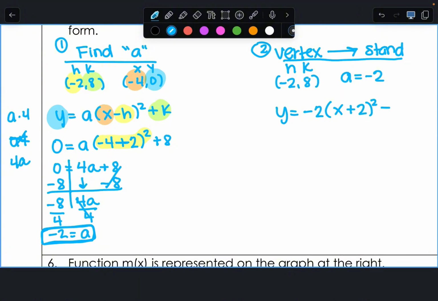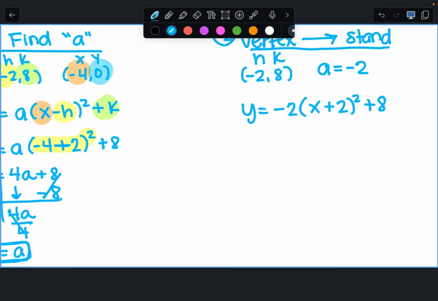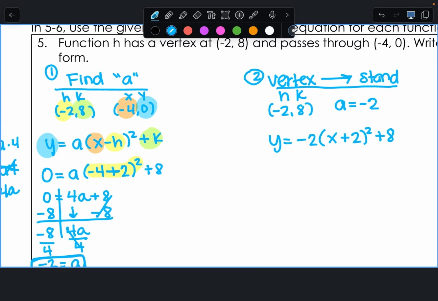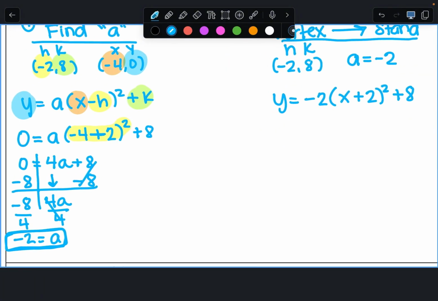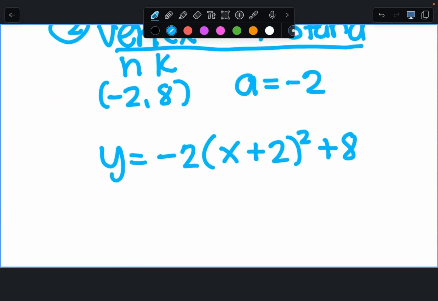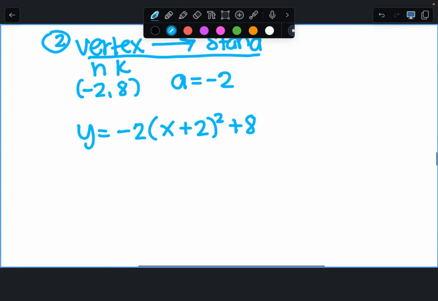Plus 8. Dulce, do you have all that find a part? Yeah, okay. All right, so I plugged in my h right here, plugged in my k. Now we can solve it and convert it to standard form.